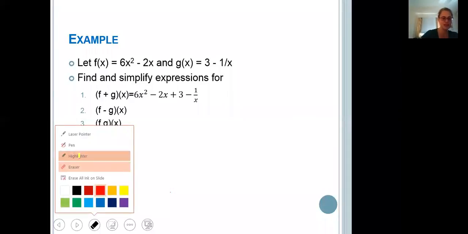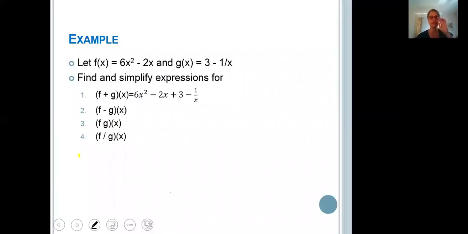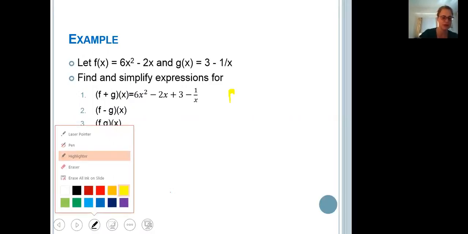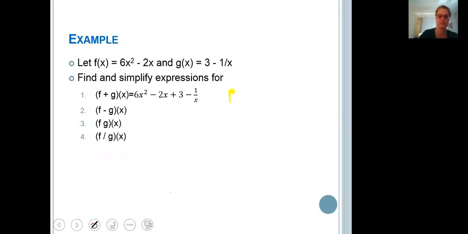Let's try subtraction. So to do subtraction, we do pretty much the same thing. We just have to be careful with our subtraction sign. So f minus g of x.